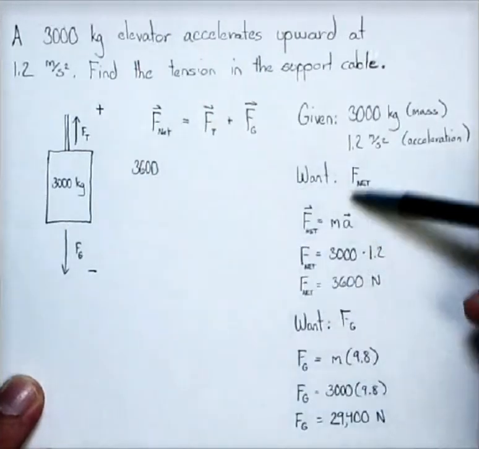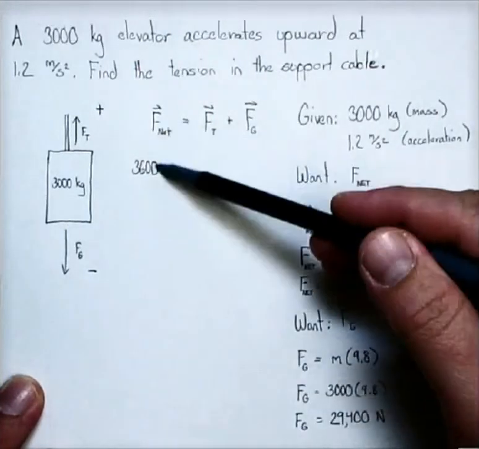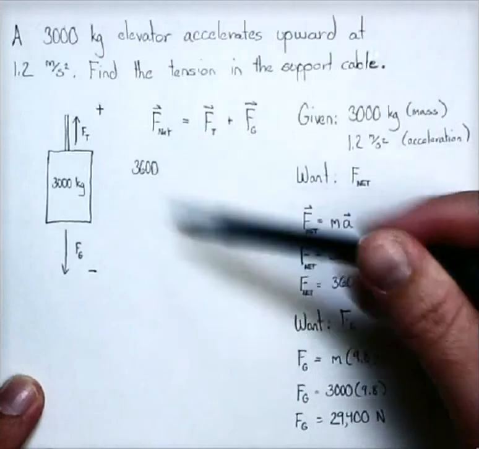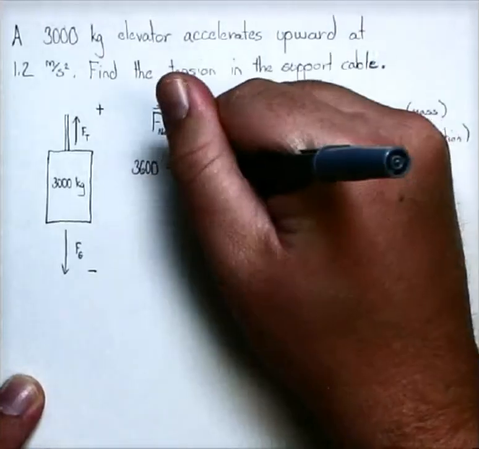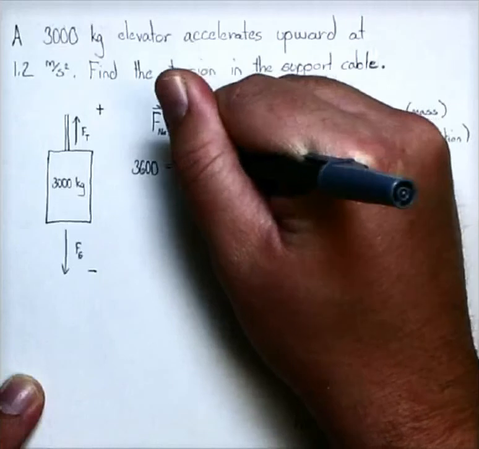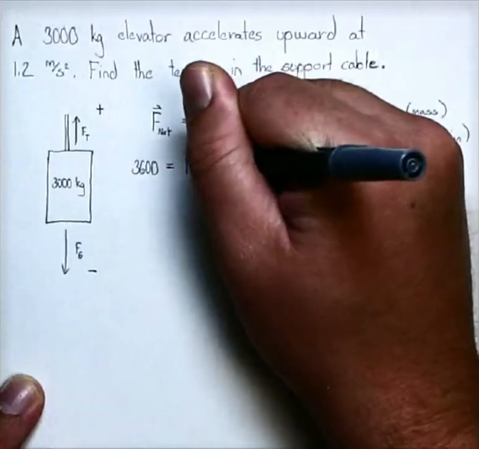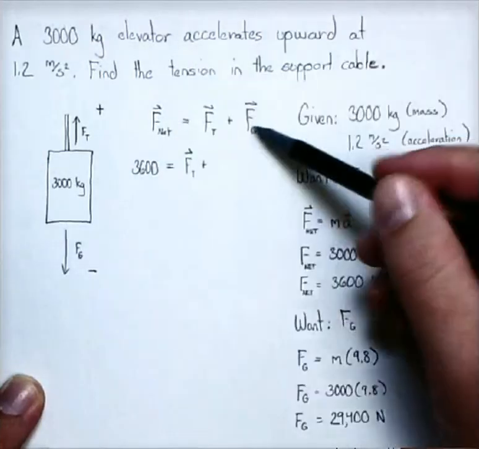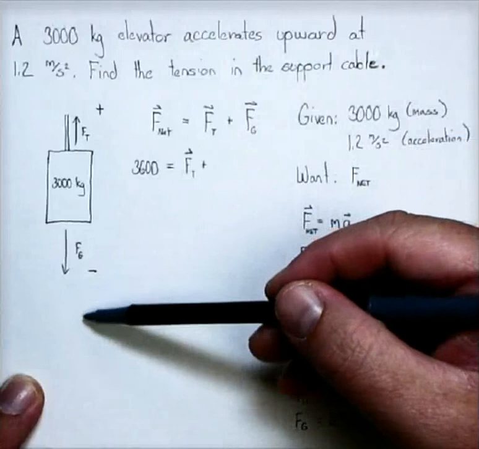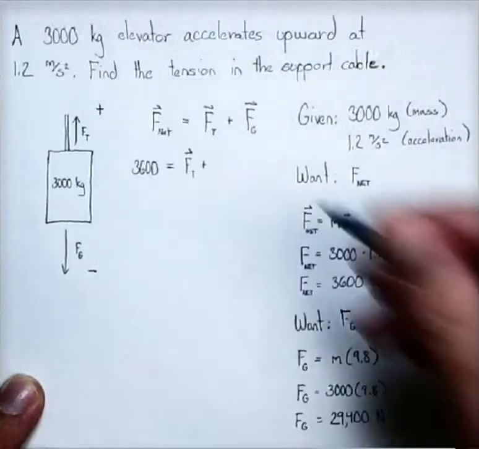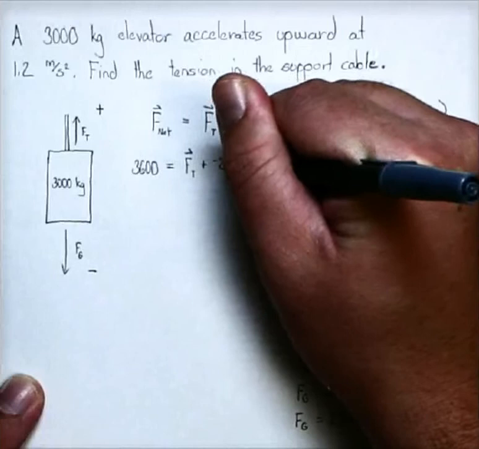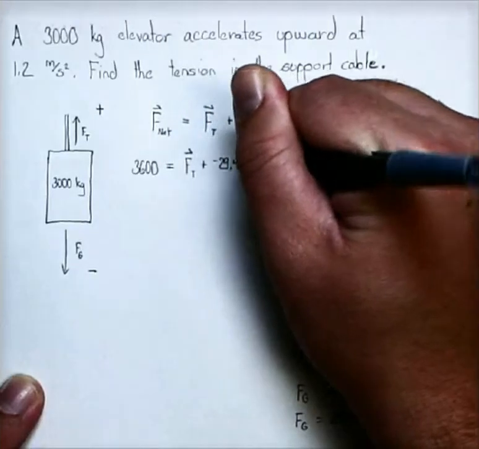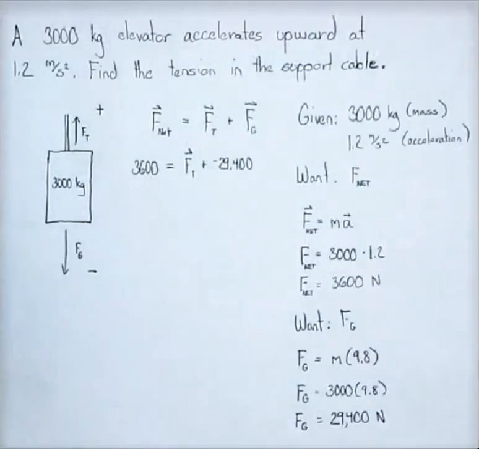Just like I substitute in equations over here, I can substitute in that the net force is 3,600 equals, I don't know what my tension force is. I'm about to find out though. Plus my force due to gravity, but notice that gravitational force is in the negative direction, so it's plus negative 29,400.